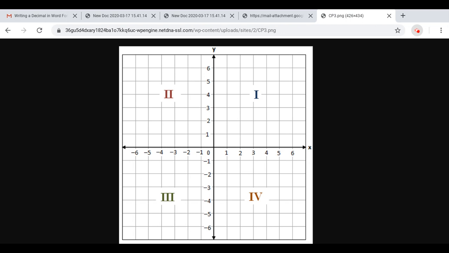That's what we always focus on in 5th grade, but that's not always the case in 6th grade, 7th grade and onward. The reason we always go right and up is because we always work with positive numbers. But if you work with negative numbers, sometimes you will go to the left and down, or to the left and up, or to the right and down. So there are different motions to do on the coordinate plane. I just wanted to clear that up.